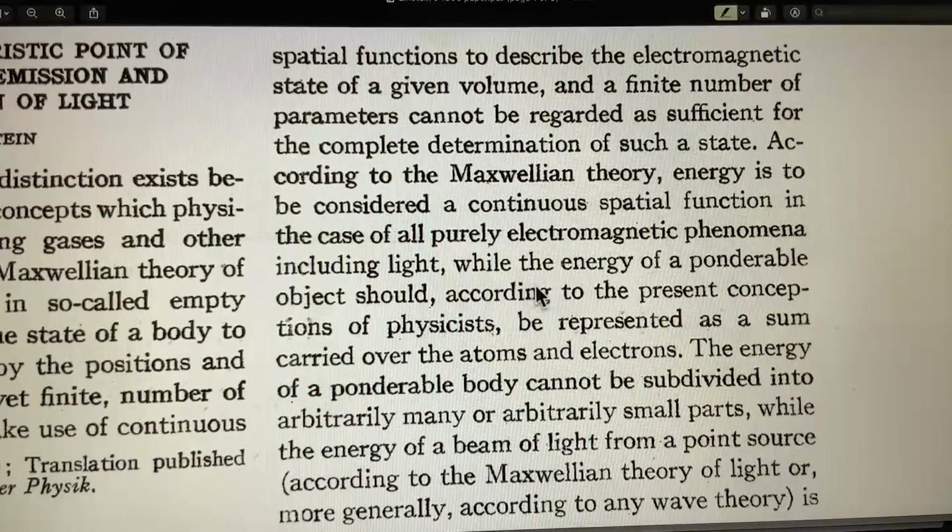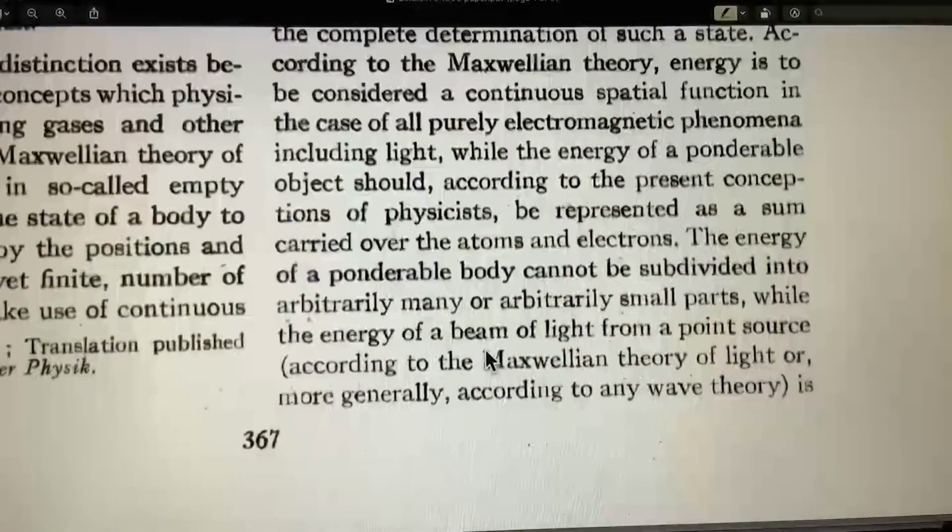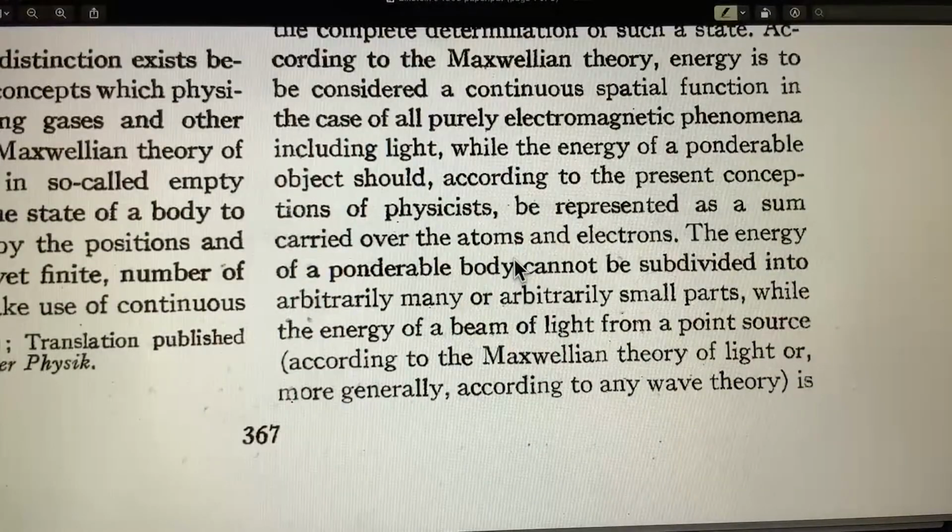While the energy of a ponderable object, some kind of solid material object, since you have atoms and molecules, according to the present conceptions of physics, this energy is discrete. It is confined to those separate molecules. So there are a finite number of units of energy that make up the total energy.